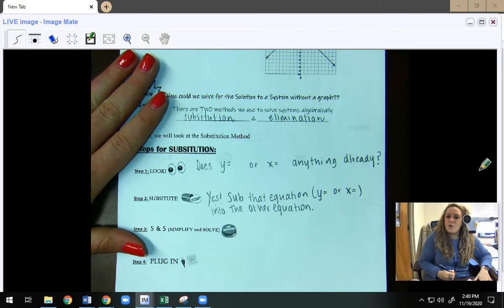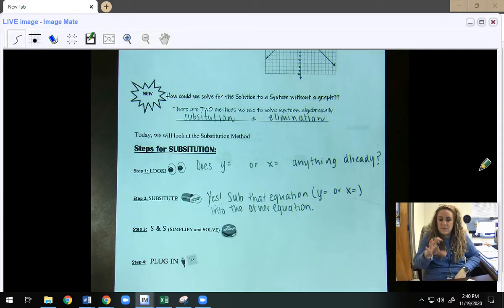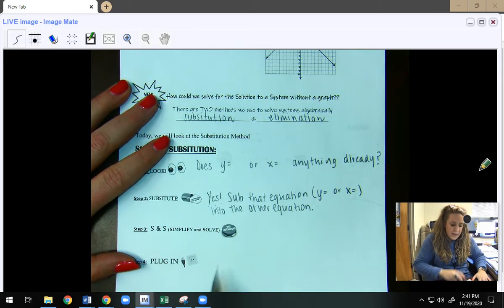Okay, what does that mean? It means that if you had y equals something already, and the second equation said something like 3x plus 2y, wherever that y is, you would just plug that right in. S&S, simplify and solve, get answers.